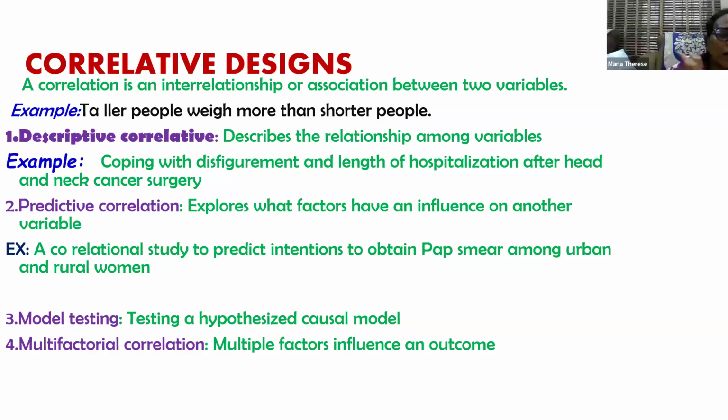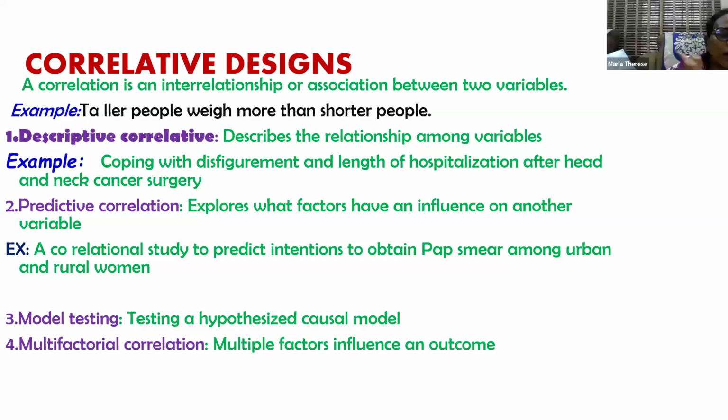Model testing is something like testing a hypothesized causal model. For example, we have some prediction or hypothesis in our research process, and by the variables, by the research study, by the samples, we test whether it can be practically proven. We can even frame the model by correlating the data. Already we have a hypothetical model, a hypothesis statement, and as a researcher we want to prove that.